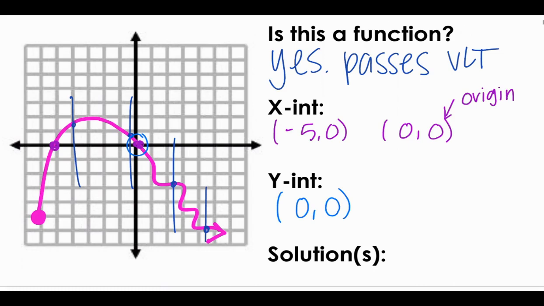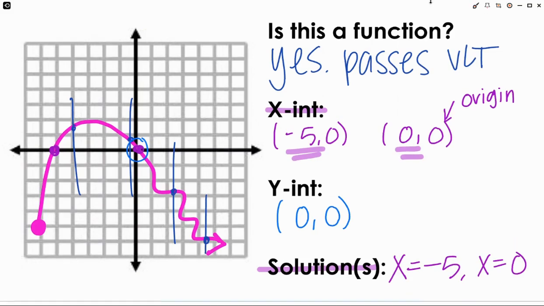So you see how it's sitting on my x-axis right here and my y-axis right here. Okay. Our last piece, our solutions. We are just taking my x value from the ordered pair. x equals negative 5 and x equals 0. Hopefully this helps.